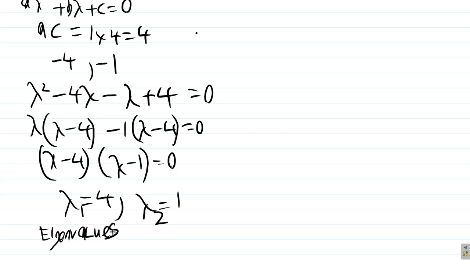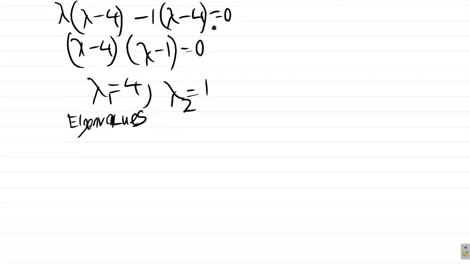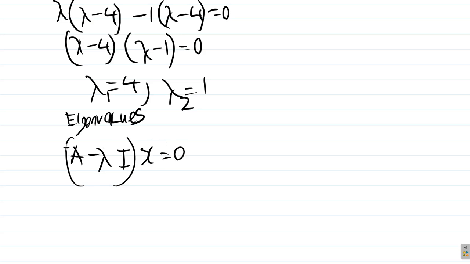Now, we were asked to also find the corresponding eigenvectors. So we're going to put x back in it now. Remember, we have A minus lambda I times x equals 0.